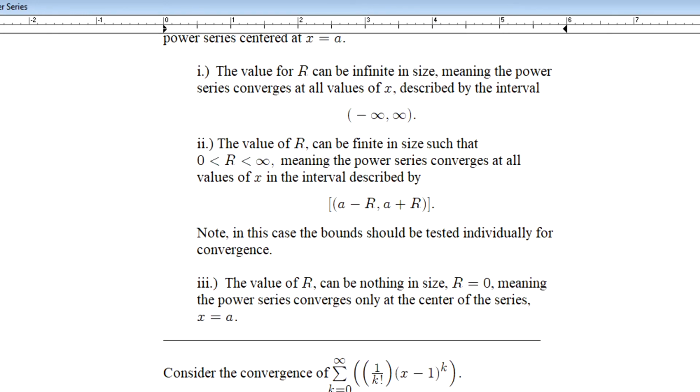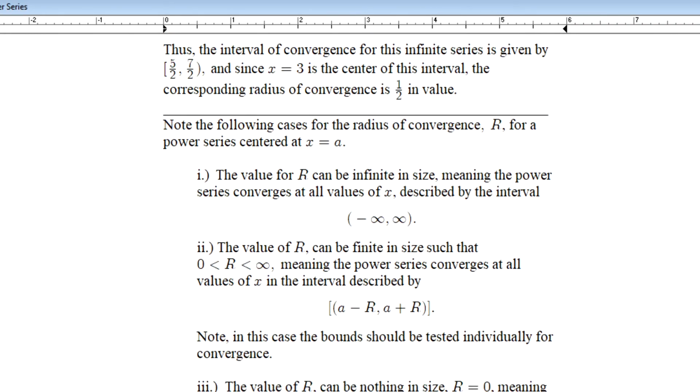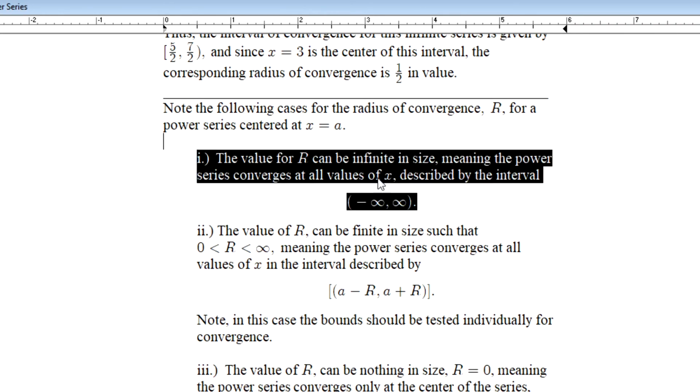We have this situation back here, given by case 1 for the result of what our radius of convergence could do. This is the first type of interval of convergence we could encounter for a power series. And we can see how that came about.